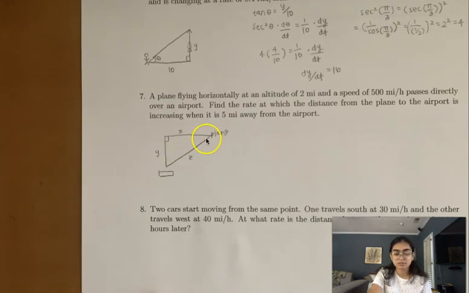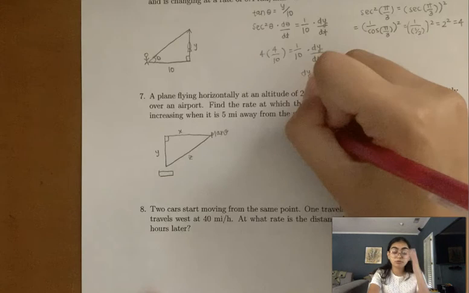We want to find the rate of z. The reason why it's a triangle is because the plane is not directly over the airport at the point that we're trying to find. The plane is 5 miles away from the airport, and so we have a triangle.